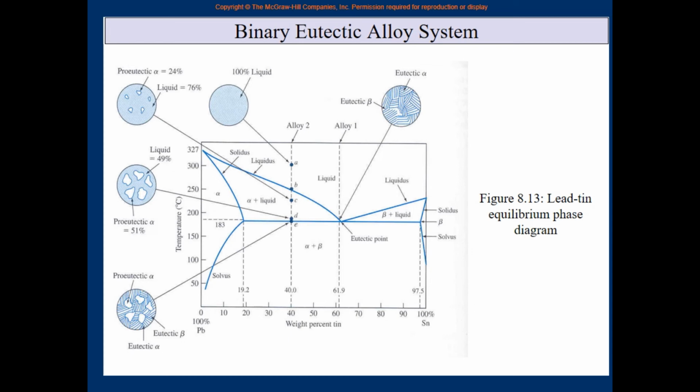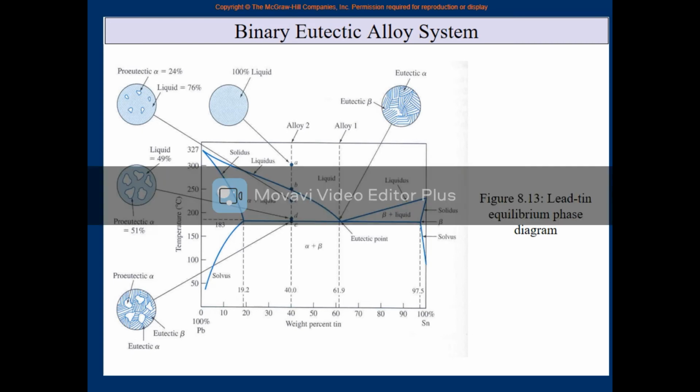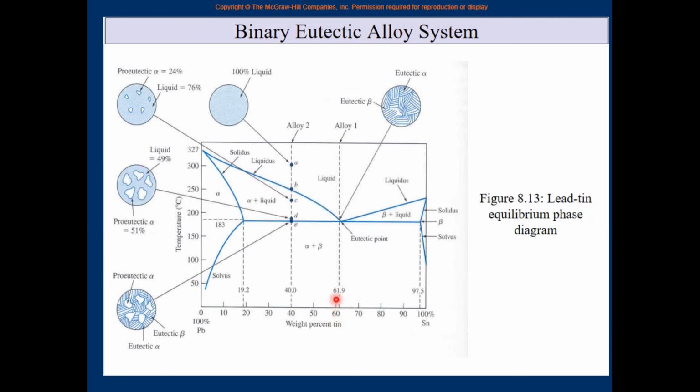There is one diagram which we have not done yet. What is that diagram? You know, right? The diagram at the eutectic point. So if we give you the eutectic composition 61.9% and ask what will happen when we cool, here we will have only liquid, but there will be no liquid plus solid. Liquid, liquid, liquid.